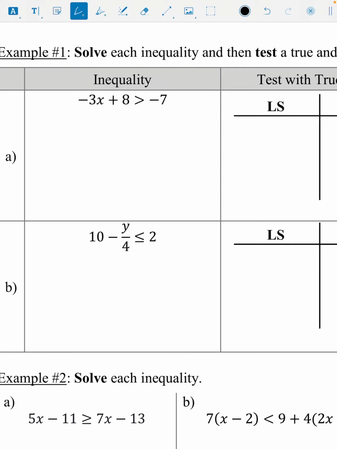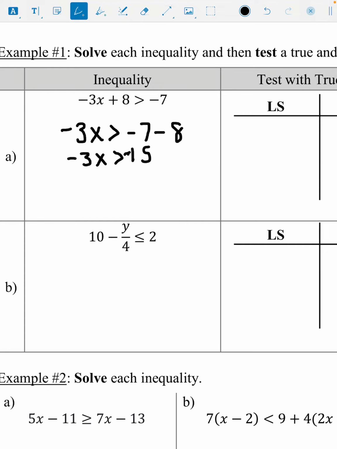We have that negative 3x plus 8 is greater than negative 7. You can rewrite this as negative 3x is greater than negative 7 minus 8. And that means that negative 3x is greater than 15. Sorry, negative 15.